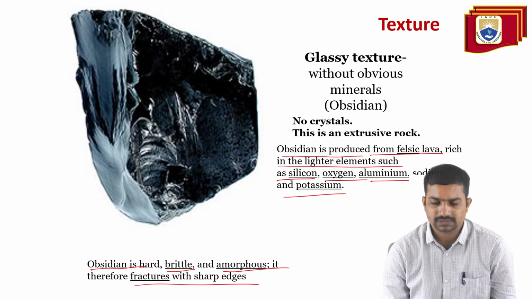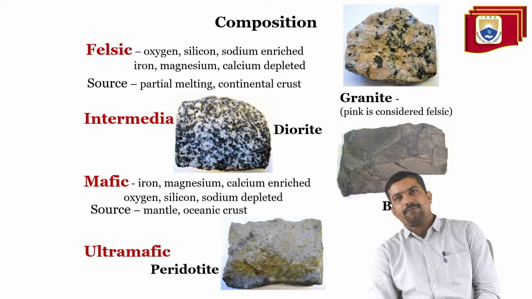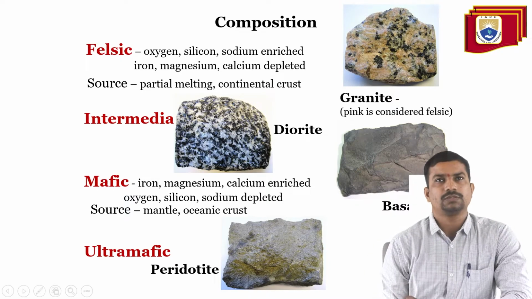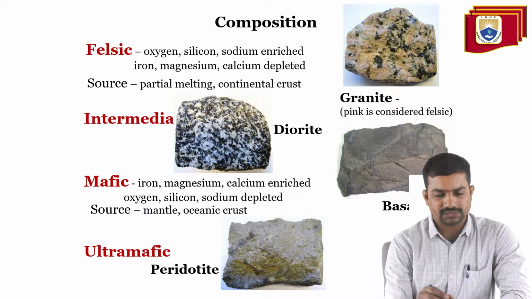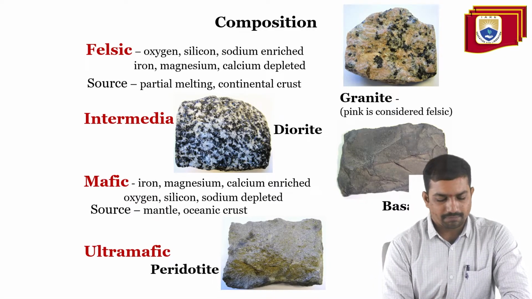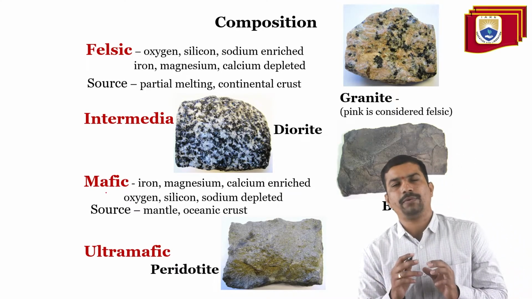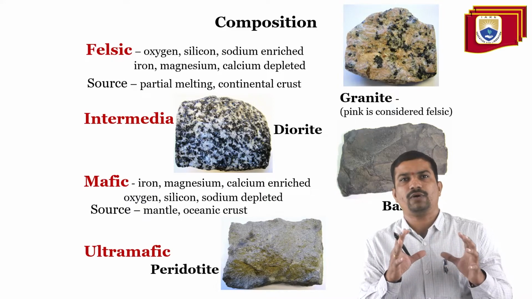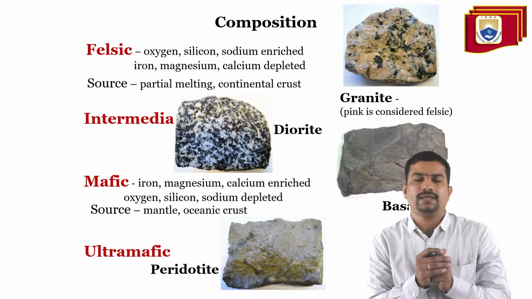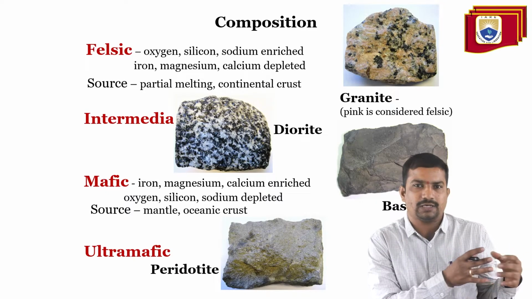So no crystals, this is an extrusive rock. So felsic type of formation. So the composition of rocks: felsic, intermediate, mafic, and ultramafic. The composition of rocks is of four different types that we have seen in the earlier sessions and in the earlier slides also.